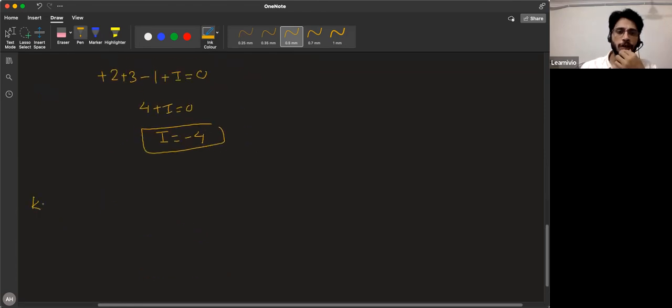Okay, next is Kirchhoff's second law. Kirchhoff's second law is basically its loop law or Kirchhoff voltage law, also known as loop law.